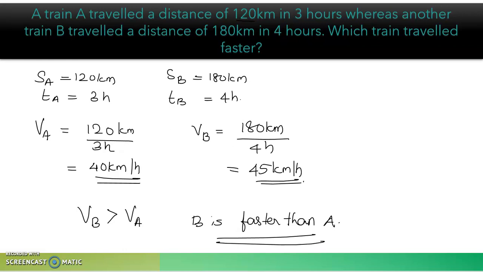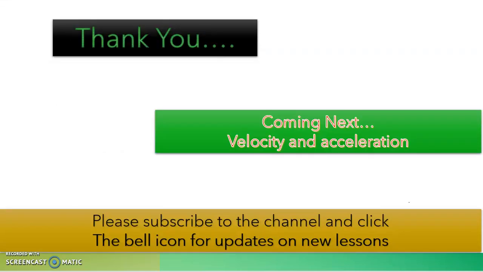We have to convert everything into SI unit. So in the coming class, we'll be talking about velocity and acceleration, and we will learn a trick to convert kilometer per hour into meter per second. Because if the value is given in kilometer per hour, we should be able to convert it into meter per second, right?